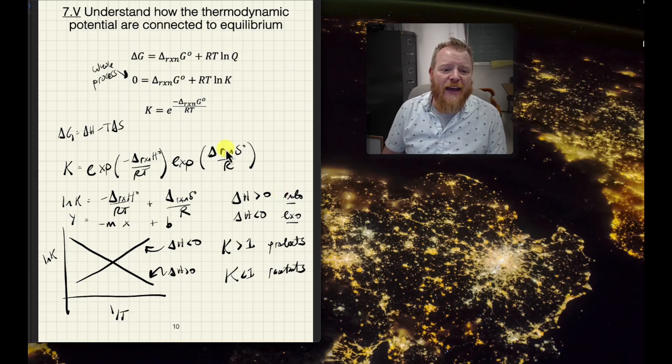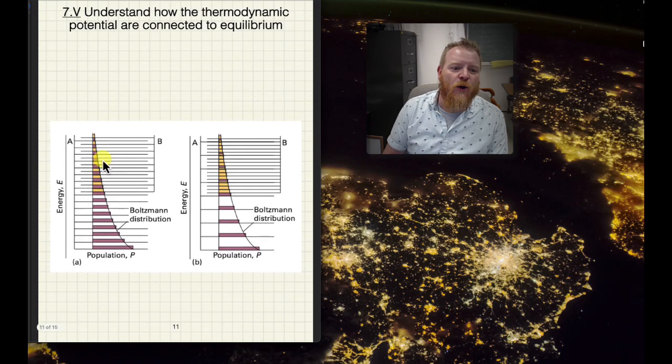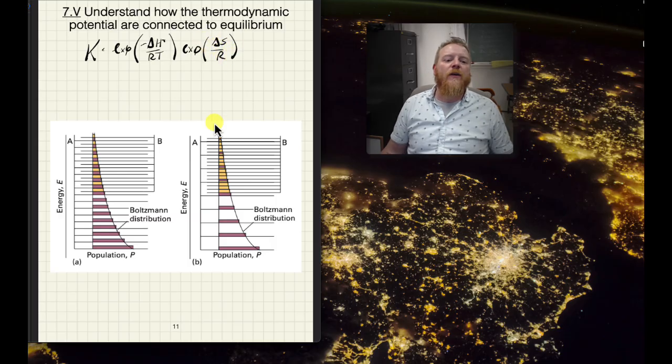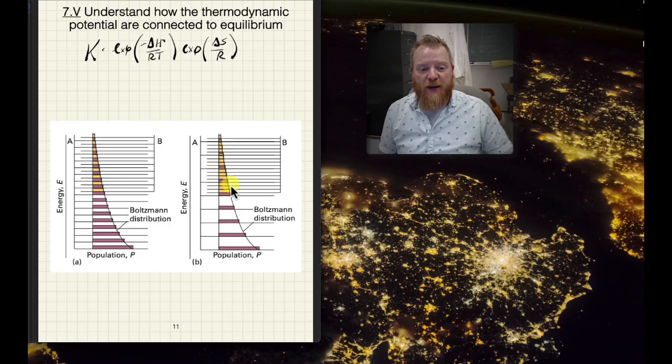Now, what about the case with delta S? So let's draw up that same equation again and talk about it with this figure that I've got here. So, and I'm just going to write that as delta H over RT and exponential of delta S over R. Okay, so let's consider two scenarios here.